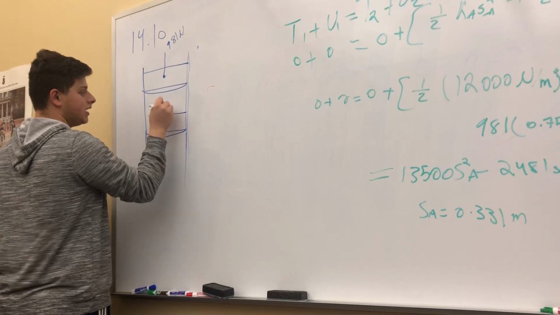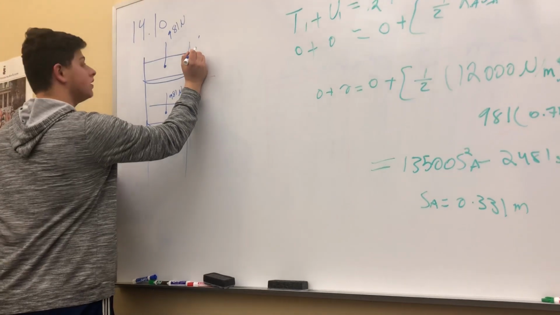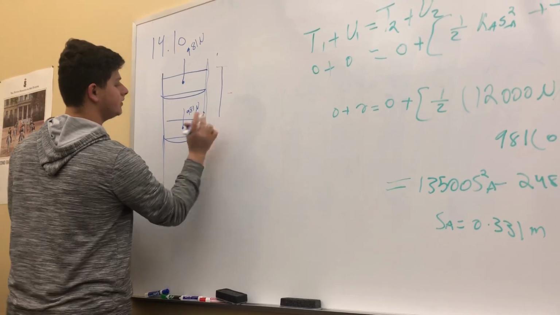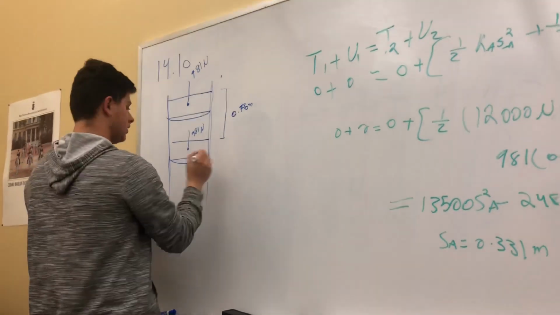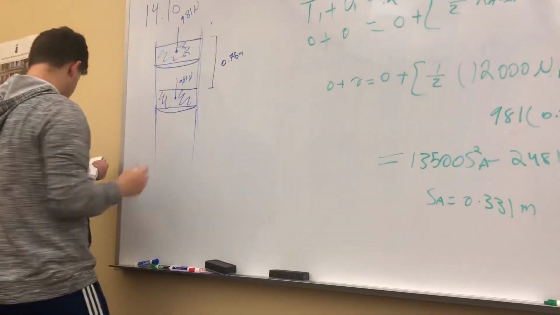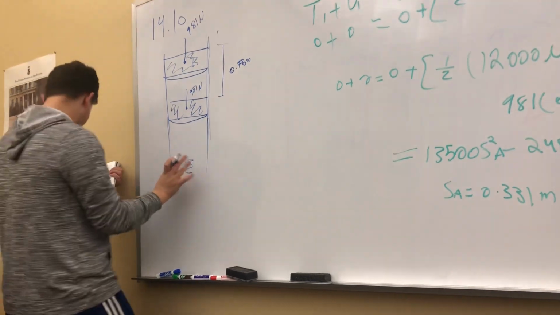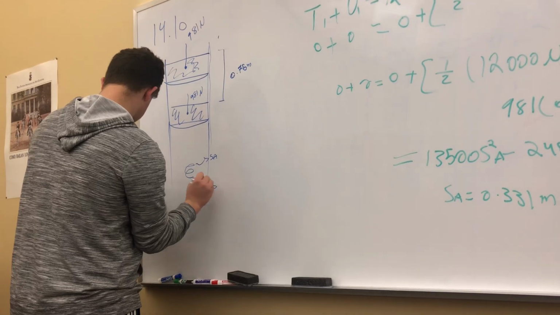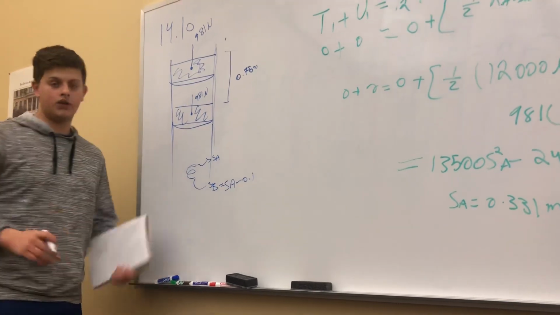Also this gravity is the same, which is 981 newtons. And from this top to this bottom is still 0.75 meters. We still have this that's been compressed. So this is S_A, and this is S_B, which is S_A minus 0.1. So this is our example.